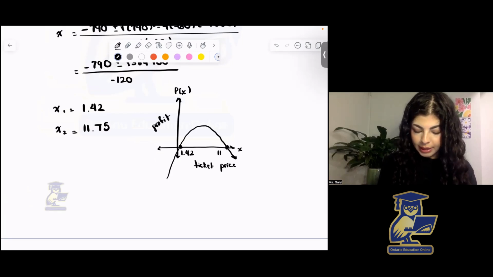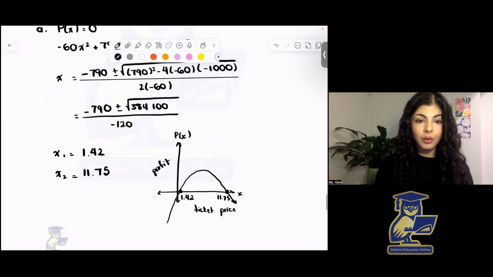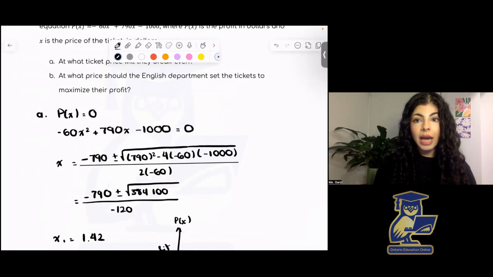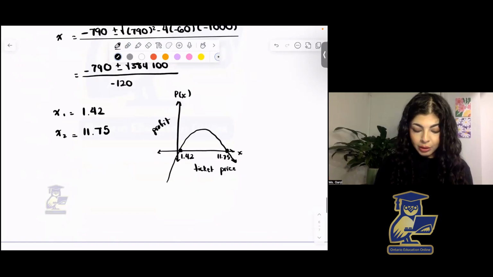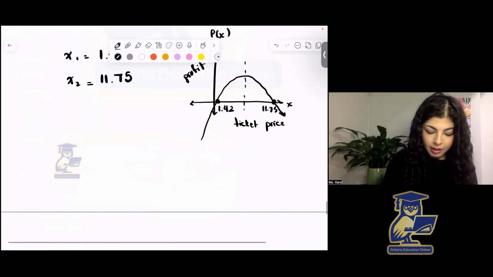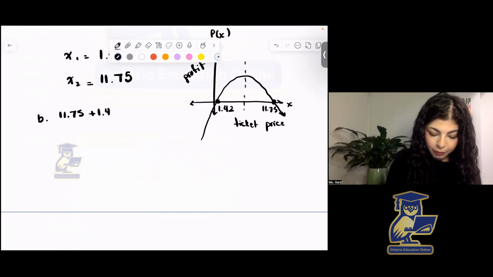We see that at two different points, it will intersect with the x-axis, which are 1.42 and 11.75. So any ticket price between these two values, whether it's $2, $5, or $10, would give them a good profit. But we're asked how we can maximize this profit. We know that our maximum value occurs at the middle value between 11.75 and 1.42.